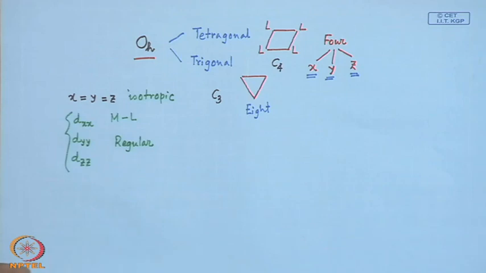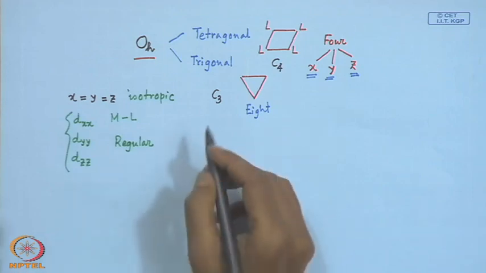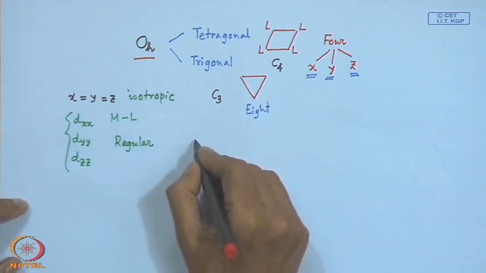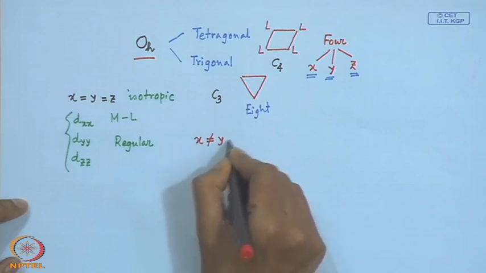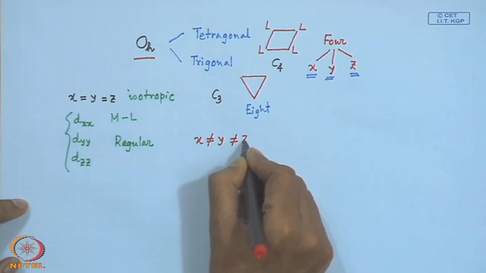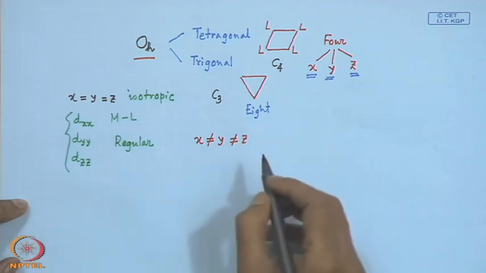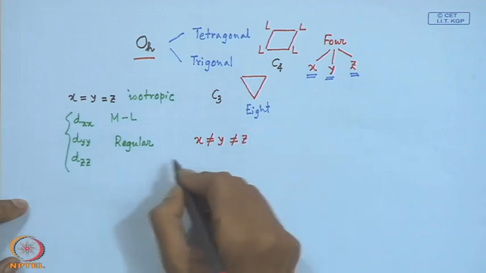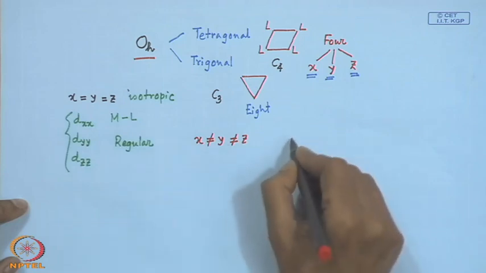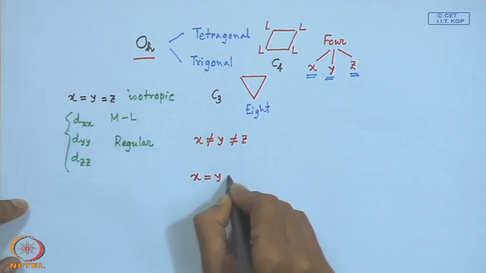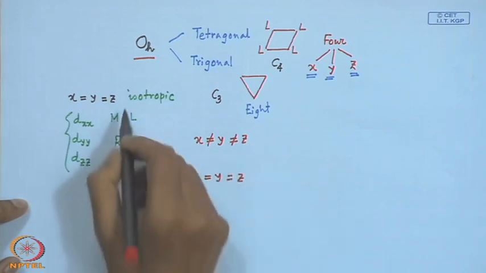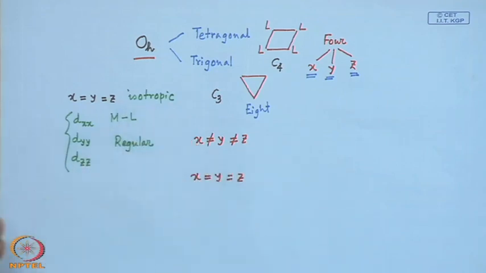but this is not true always. So, we can have x not equal to y, not equal to z. That means, when we have the situation x is equal to y is equal to z, we do not have any distortion.